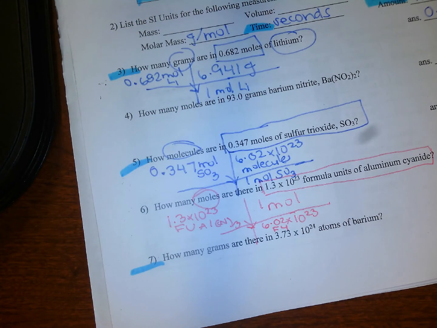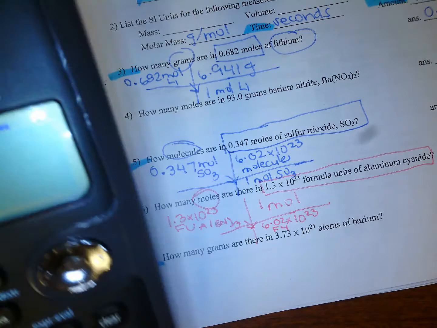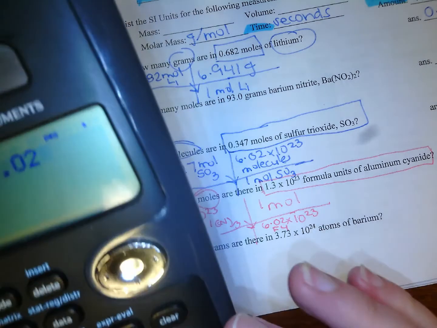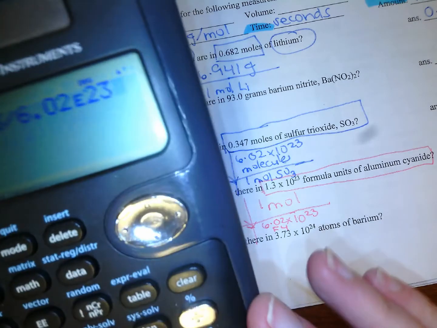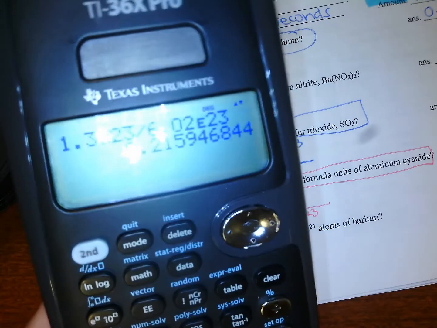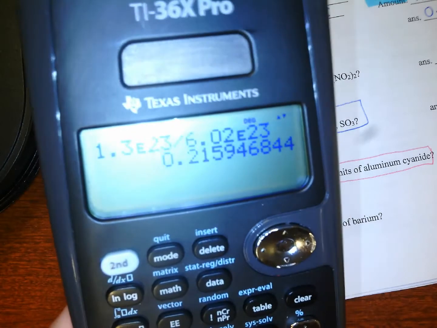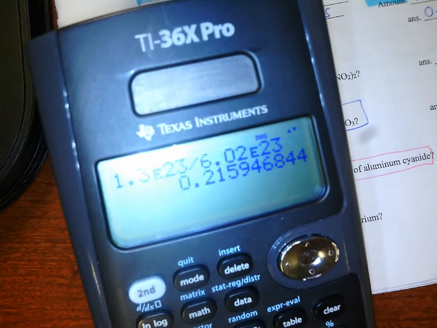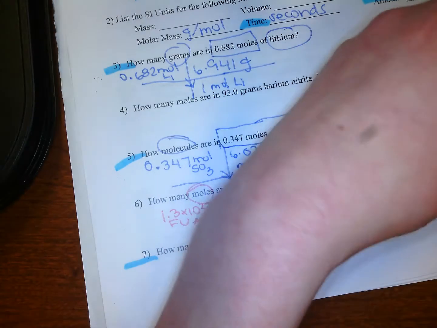We just need to divide these two numbers. 1.3 to the 23rd divided by 6.02 to the 23rd, and that will give me 0.22 moles, because I just rounded it a little bit. 0.22 moles aluminum cyanide.